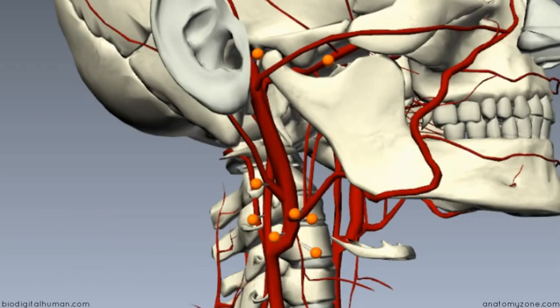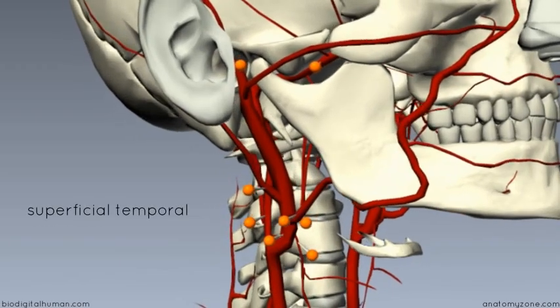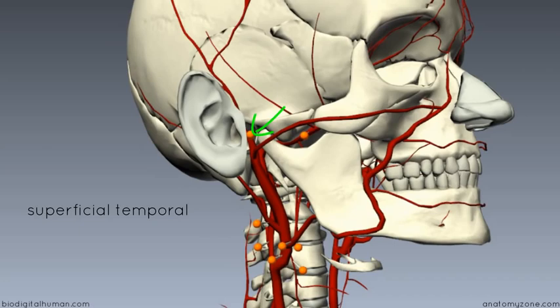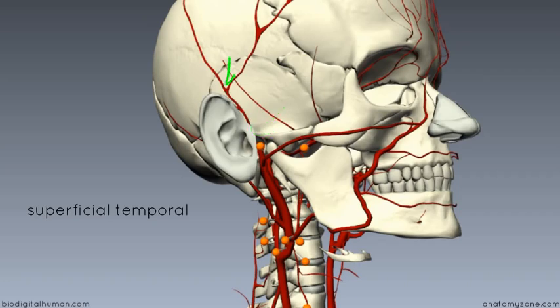So the superficial temporal artery you can see is pinned here, and this artery also runs posterior to the neck of the mandible, and then it runs anterior to the ear, and then it runs up onto the scalp where it separates into its posterior and anterior divisions.